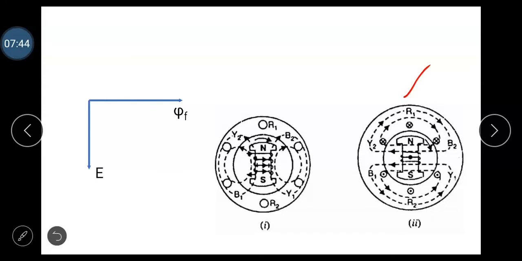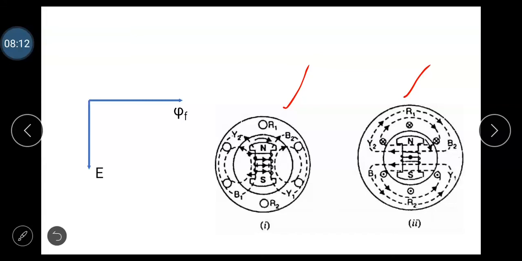That means in the first condition, the first figure, the stator is not energized. That means there is no load, so only the rotor is energized, so it produces north and south pole. The direction of flux is shown here. But in the second figure, we are not considering the rotor excitation, that means no rotor excitation.